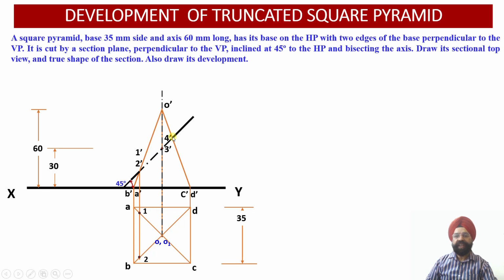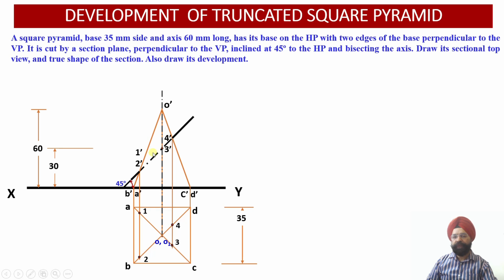Point 3 dash is the point of intersection of the cutting plane with the front view of the generator OC, that is O dash C dash. Similarly, the cutting plane is going to intersect the slant generator O dash D dash at point 4 dash. From 3 dash and 4 dash, once again I drop the perpendiculars, and wherever they intersect with OD, I get point 4. Wherever this vertical projector intersects with OC, I obtain point 3.